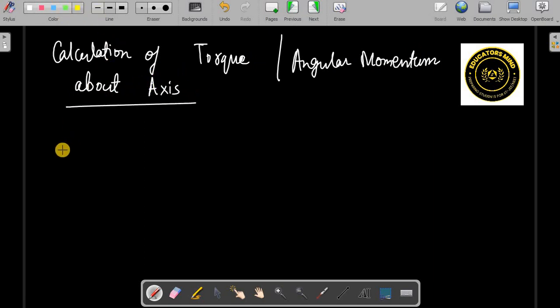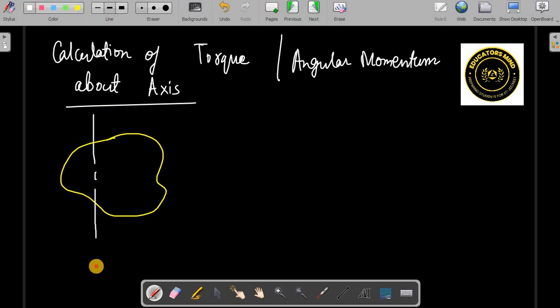So let's take torque. Suppose this is a body, and there is an axis of rotation, and you have calculated the torque of this body about a point, right? But that torque needs to be calculated along this axis.